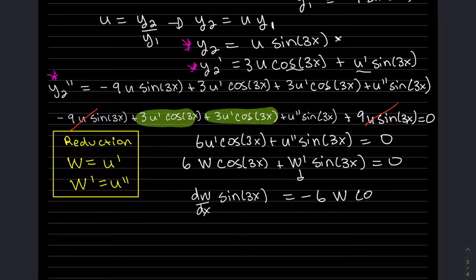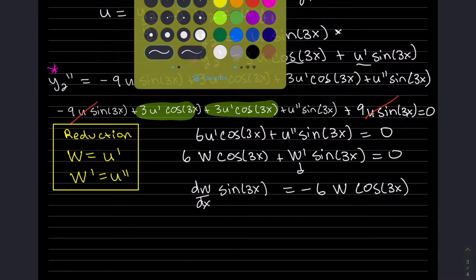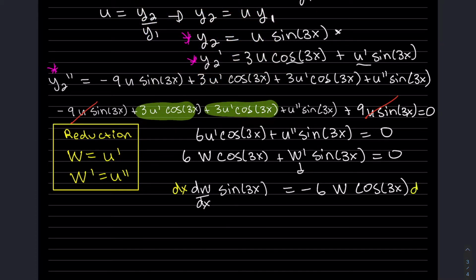Doesn't matter which one you bring to the other side. So let's separate this. dx, dx. We'll get rid of the w. The w. Get rid of the sine. That's it.